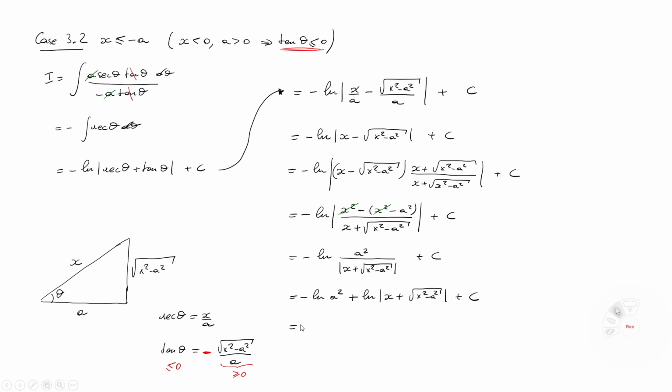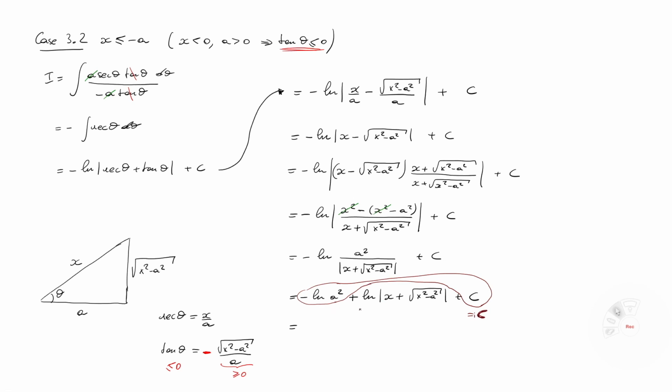And now again, we take this thing, logarithm of a squared, which is a constant in its own right, and we have this arbitrary constant c, and we again absorb that and redefine our constant c.